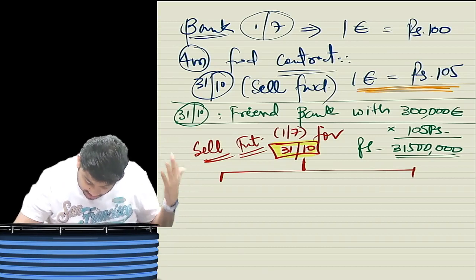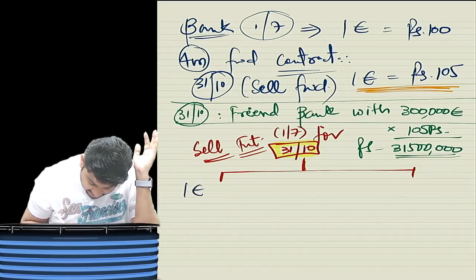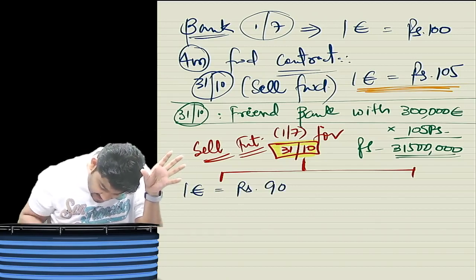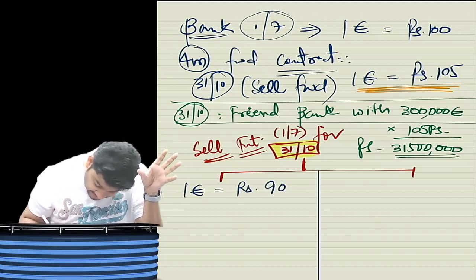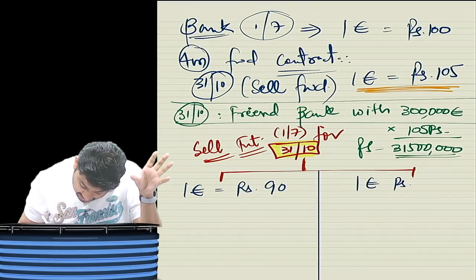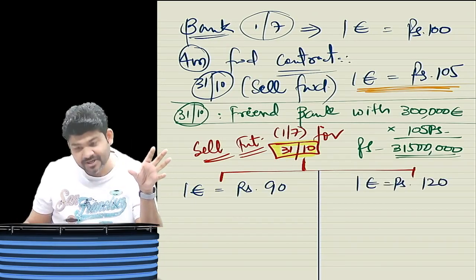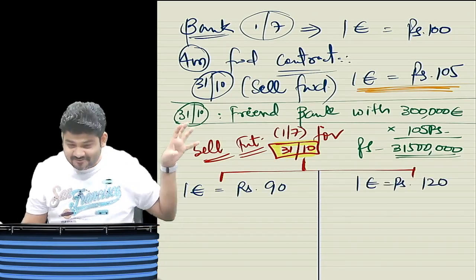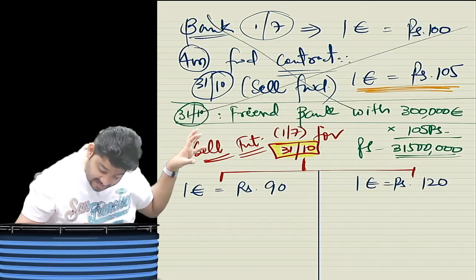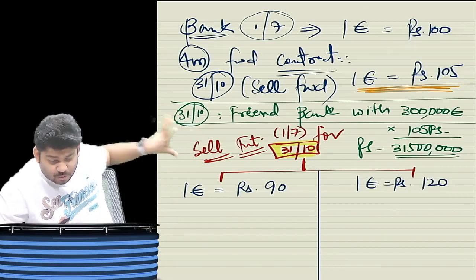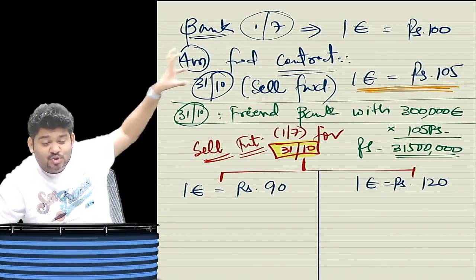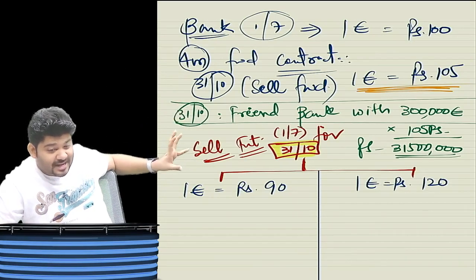Now what is going to happen? Now suppose 1 euro becomes rupees 90. And suppose 1 euro becomes rupees 120. Tell me, if instead of a forward contract, you would have entered into a futures, in forward there is an actual delivery, in futures it doesn't happen that way.